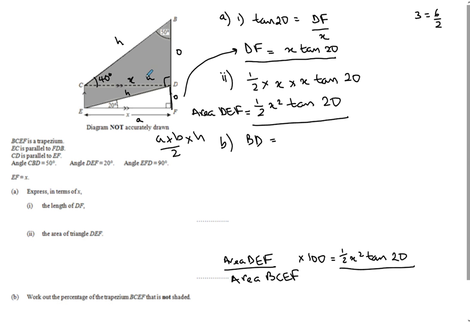Yeah? Okay. So we've got the O and the A. So again, we're going to go tan 40 equals BD over X. So using that format, we can see BD equals X tan 40.